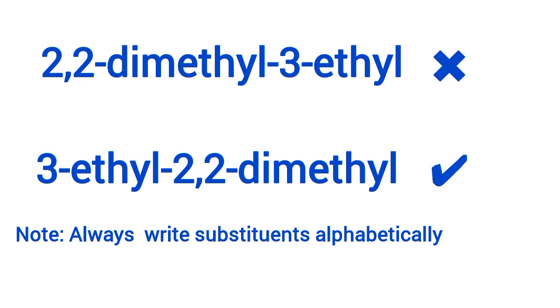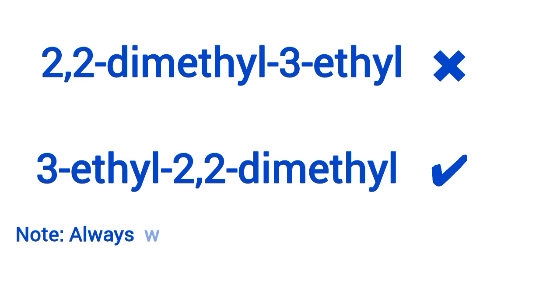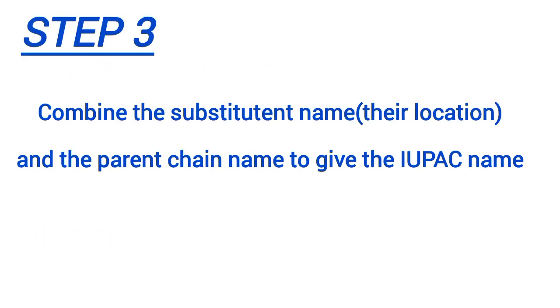We write ethyl first before dimethyl. This is because we write substituents alphabetically irrespective of the prefix attached to these substituents. Step 3. Combine the substituent name with their location and the parent chain name to give the IUPAC name.